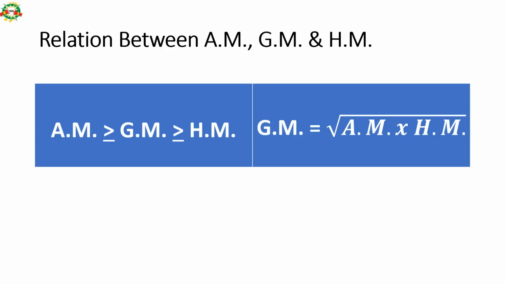Sometimes they ask for this formula directly, or they may give some values and you can use this information for finding a solution to a question in a short time.